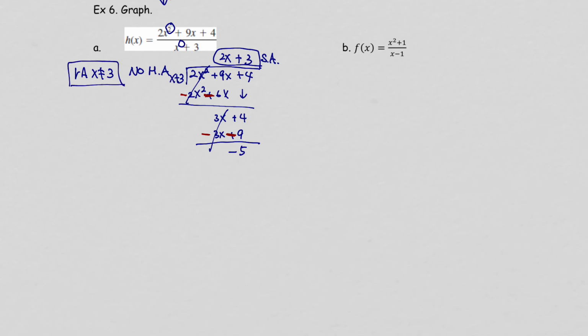Everything else is the same. So when you replace x with negative x, we'll find your symmetry, right? I already know this is not going to have any symmetry because only one term is squared. This one is keeping negative.